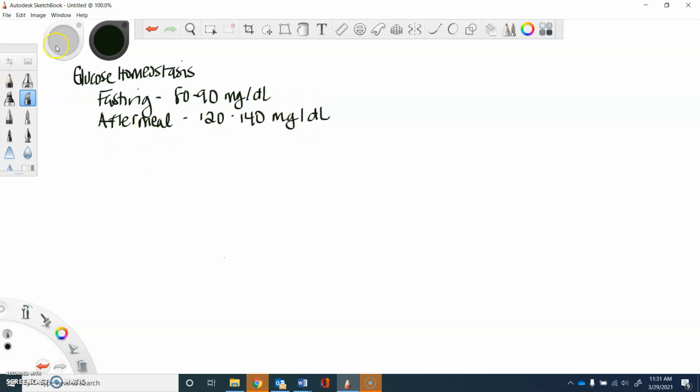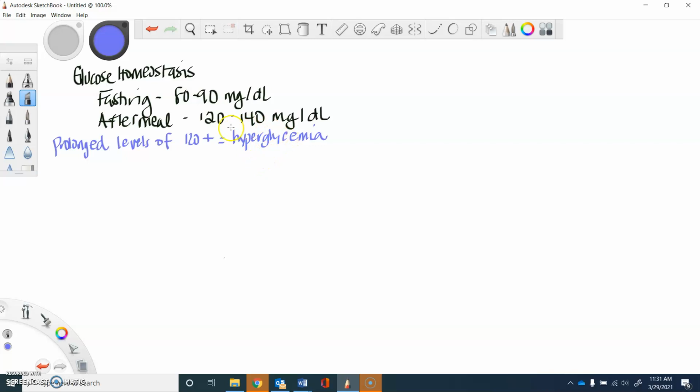So prolonged levels of 120 plus is going to give you hyperglycemia. So hyper meaning a lot, glycemia, sugar or glucose.